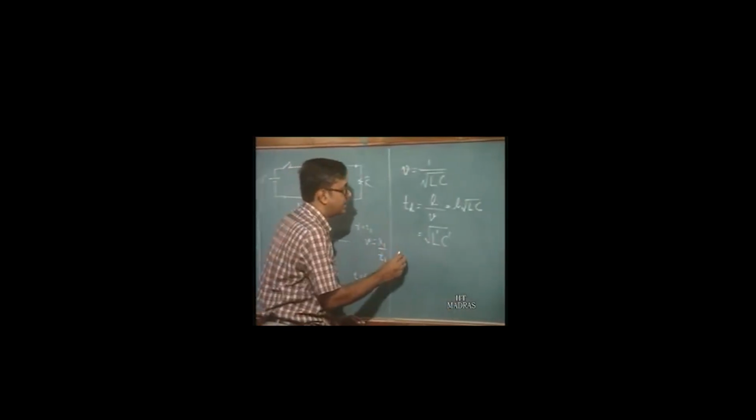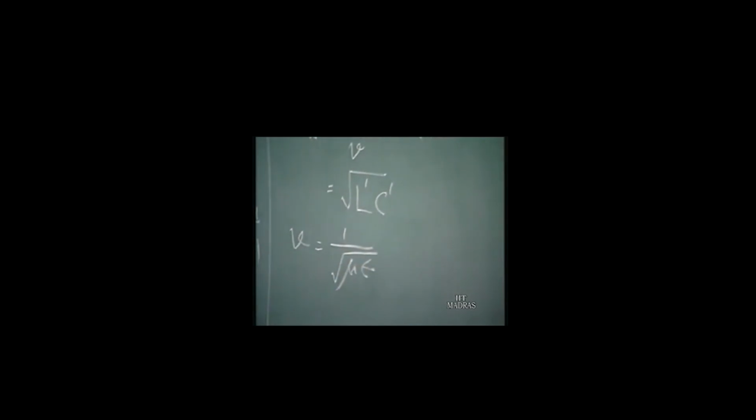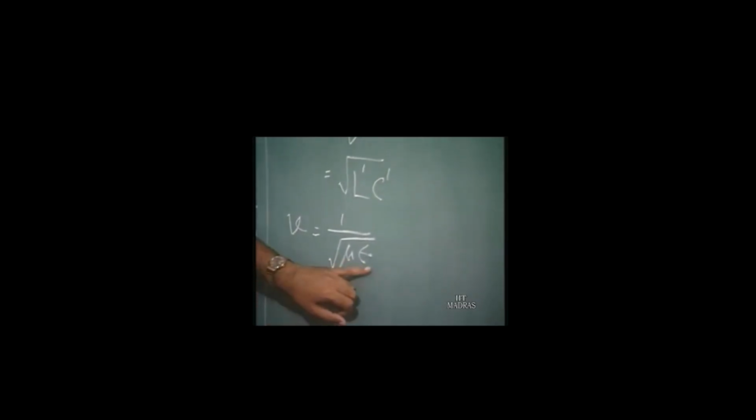Now, this velocity, which we have expressed as 1 by root LC, can also be expressed as 1 by root of mu into epsilon, where mu is the permeability and epsilon is the permittivity of the space between the pair of lines.